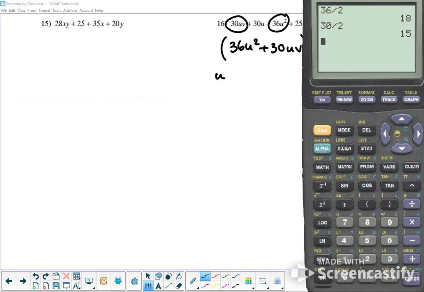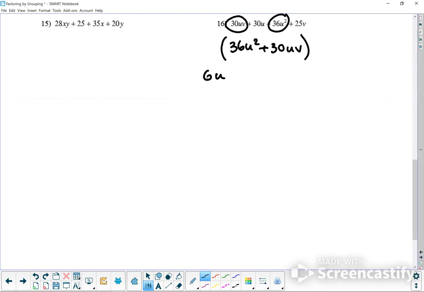Okay, and I didn't catch that in the beginning. So 36 divided by 6 is 6, and 30 divided by 6 is 5. So that's actually pretty not bad. So if I divide by 6u, that's going to leave me with 6u, and 5v.